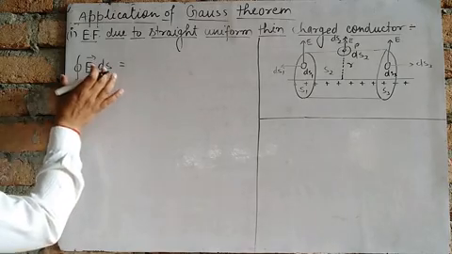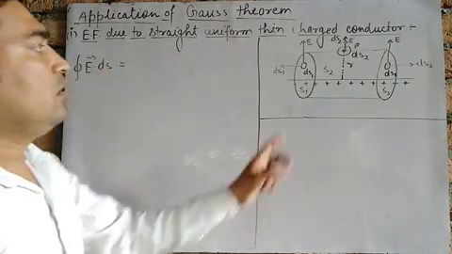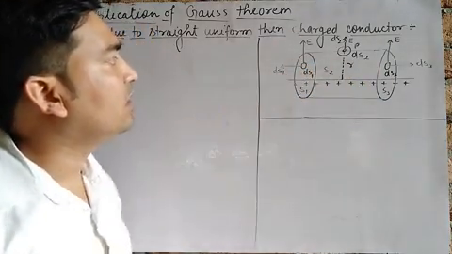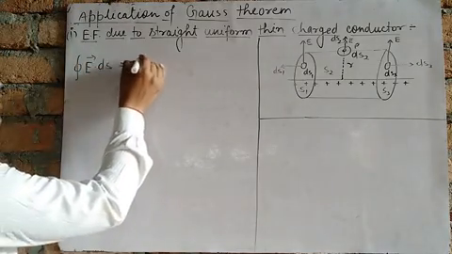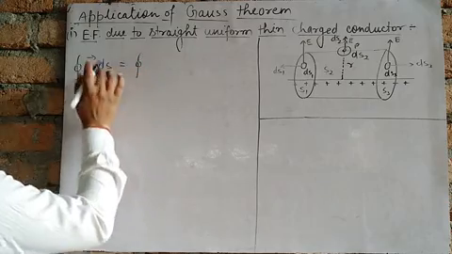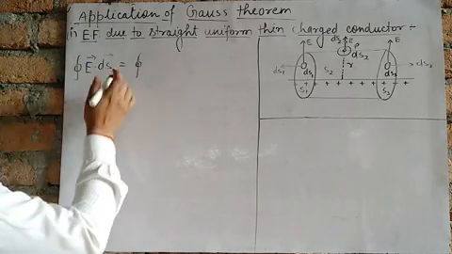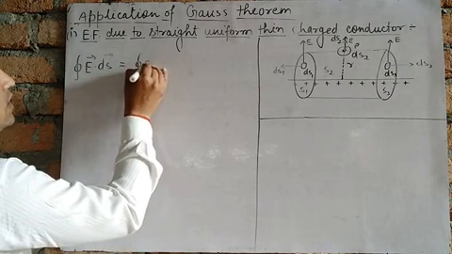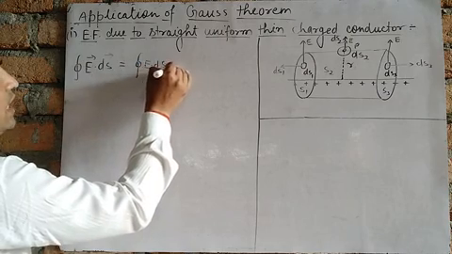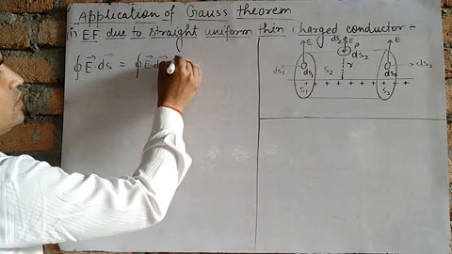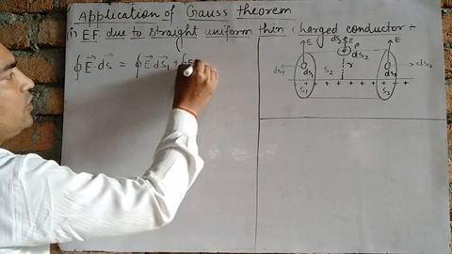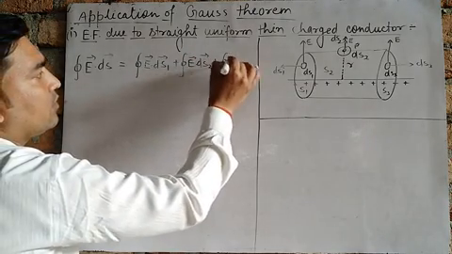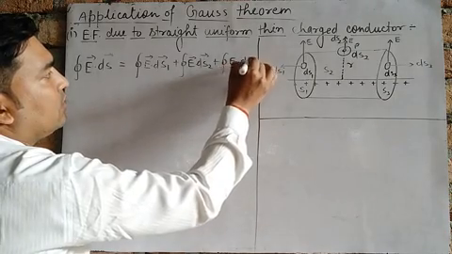This total surface is made up of three smaller surfaces, two flat surfaces and one curved surface, so it is split into three parts: E dot ds1 plus E dot ds2 plus E dot ds3.